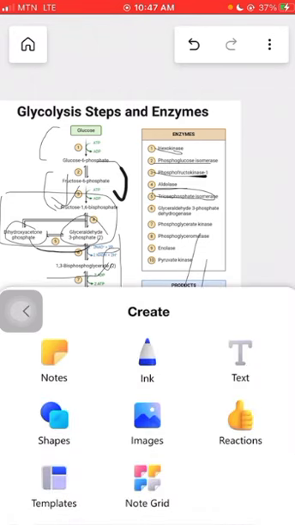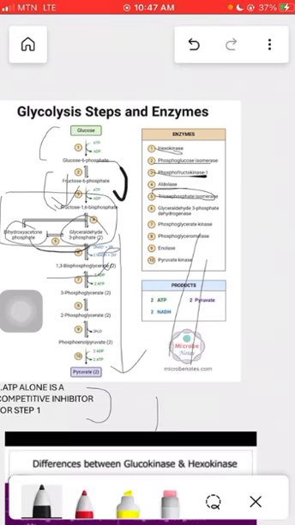So now let's move to the 7th step. In the 7th step, the 1,3-bisphosphoglycerate will be converted to 3-phosphoglycerate. And the enzyme that will perform the 7th step, we call it phosphoglycerate kinase. And you can see that in the 7th step, we are producing ATP.